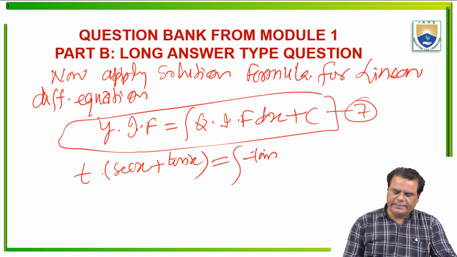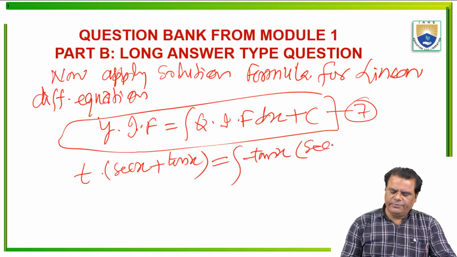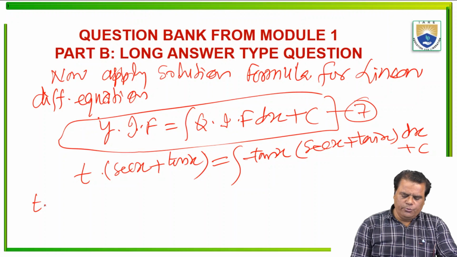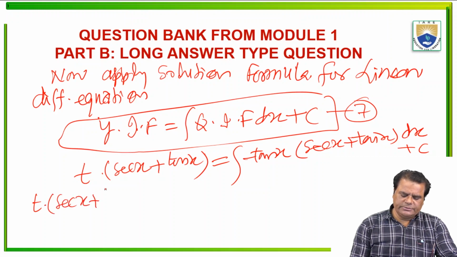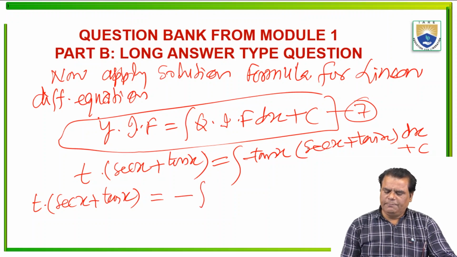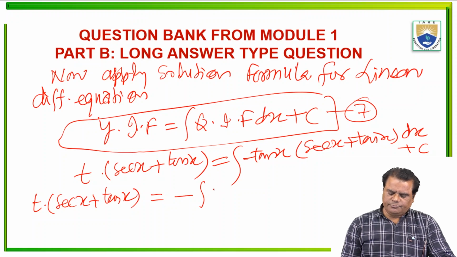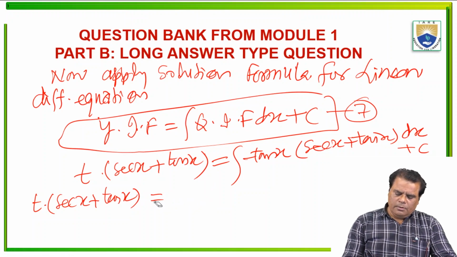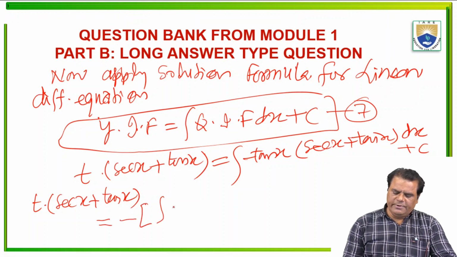Q is -tan x. And IF is sec x plus tan x, and dx plus C. So t into (sec x plus tan x) is equal to minus, common multiply tan x.